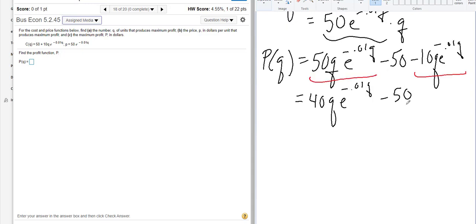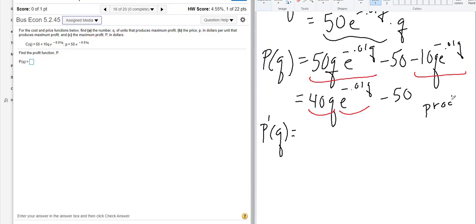So to find the maximum, we need to take the derivative of the profit function. So the profit prime of Q. Now, I have to be careful here. 40Q is a function, and e to the negative 0.01Q is a function. So we have to use the product rule.